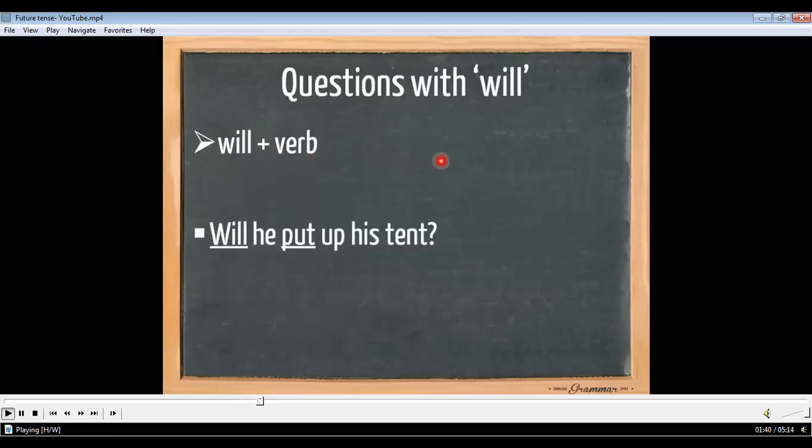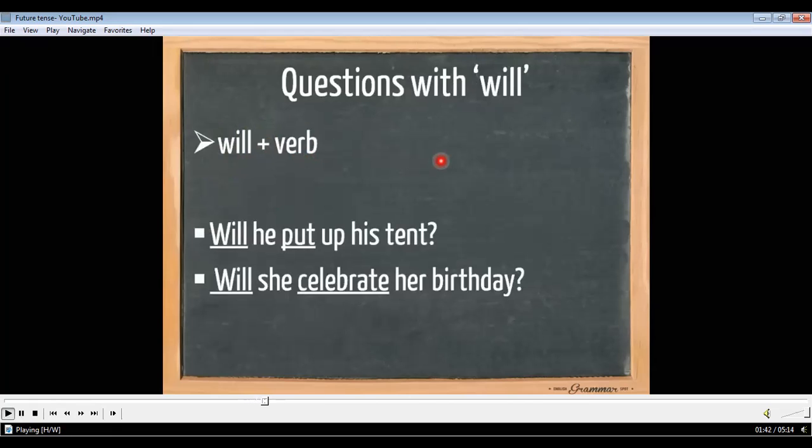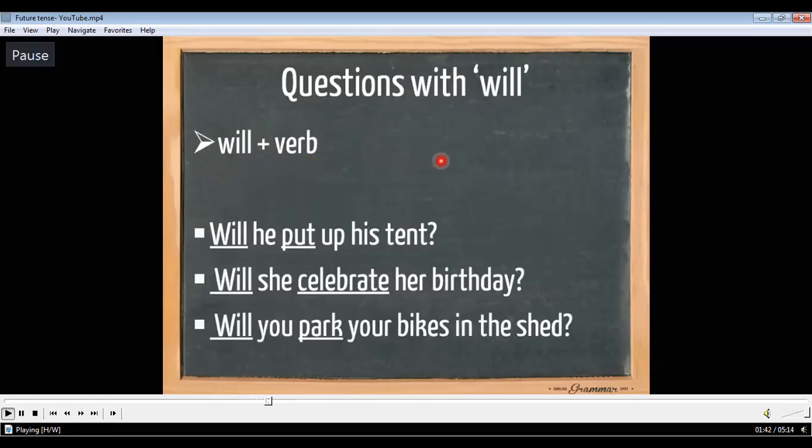Will he put up his tent? Will she celebrate her birthday? Will you park your bikes in the shed? These are the example questions. Just focus on the subjects he, she, and you. We cannot use will with the subject I or we.